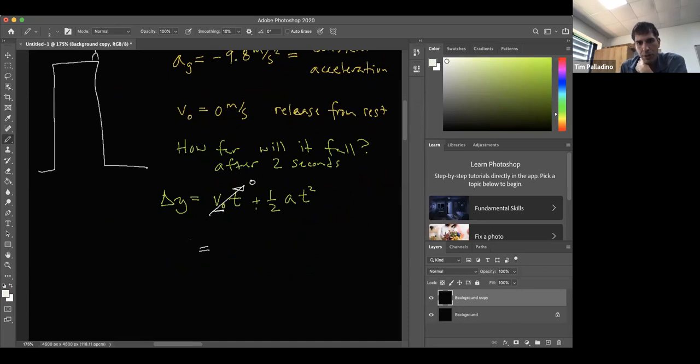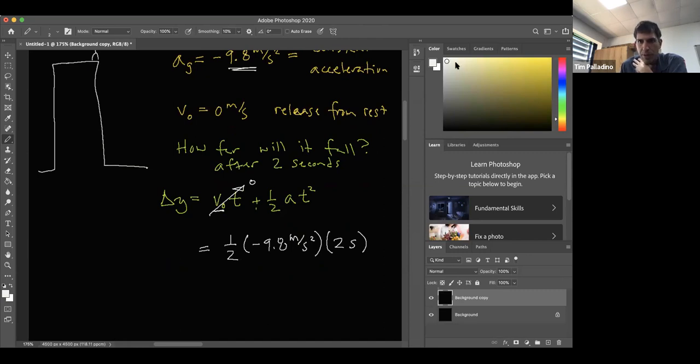So now this is just going to equal 1/2 of the acceleration, which in this case, gravity, is 9.8 in the negative direction, 9.8 meters per second squared, after falling for 2 seconds. Now, just to look at our units.